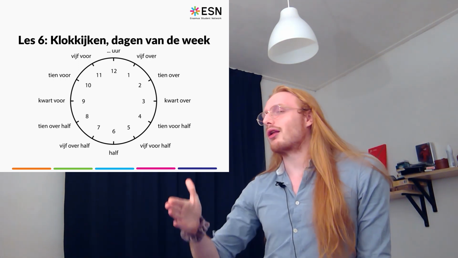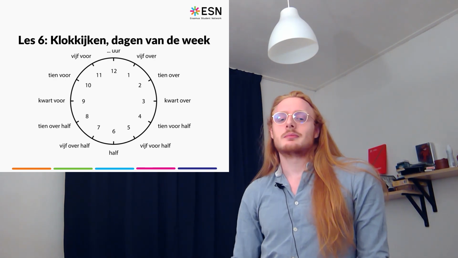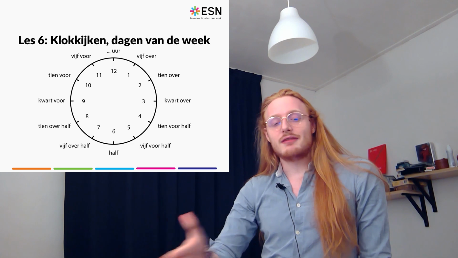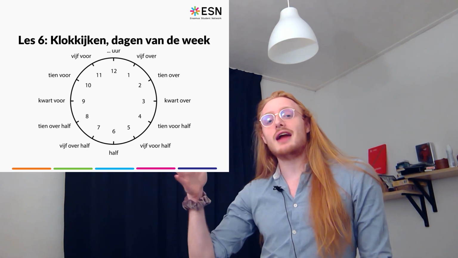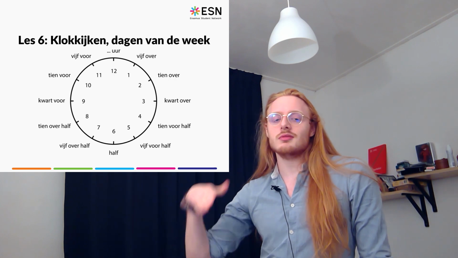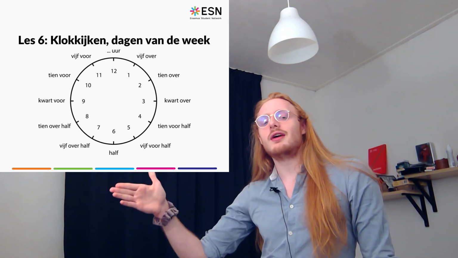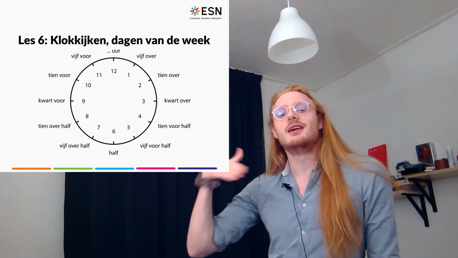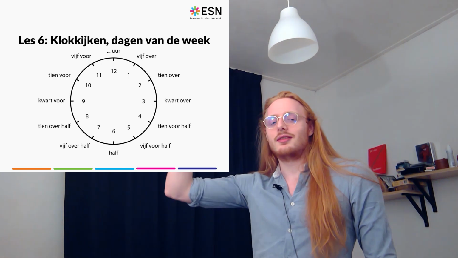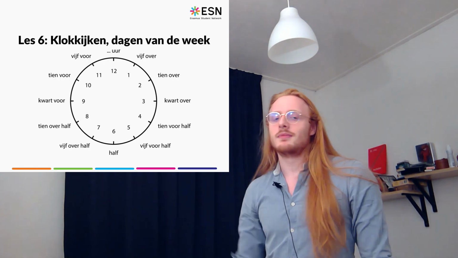But if you say it is half 12, you mean it is half 12. 11:35 works the same. It is 5 over half 12. 11:40, same. 10 over half 12, and then at 11:45 things start to get normal again, and you say het is kwart voor 12, 10 voor 12, and 5 voor 12, and then you say 12 uur again.